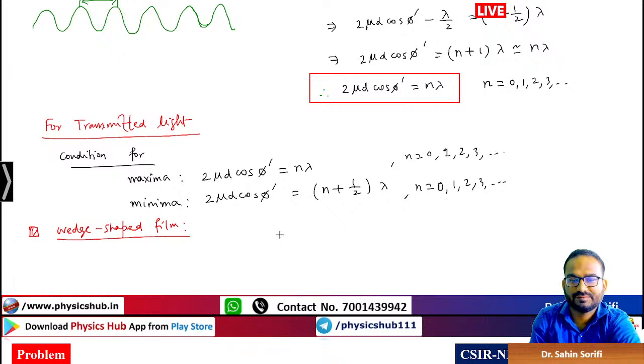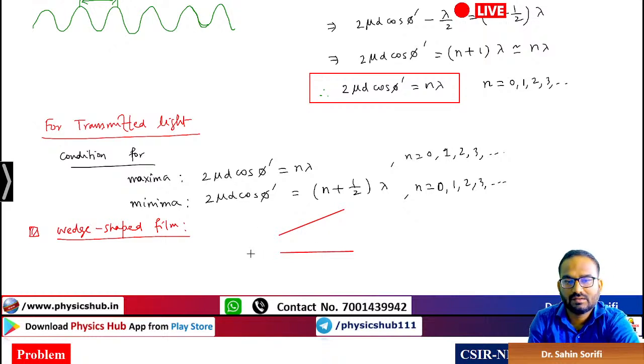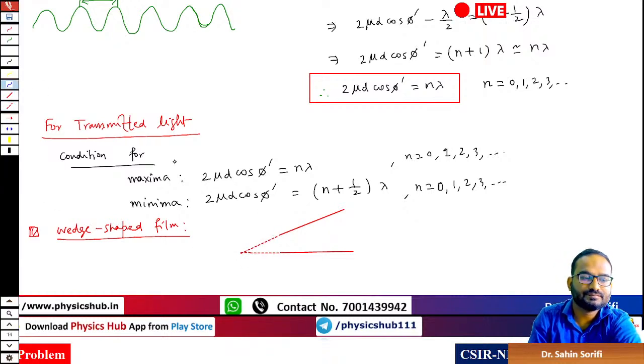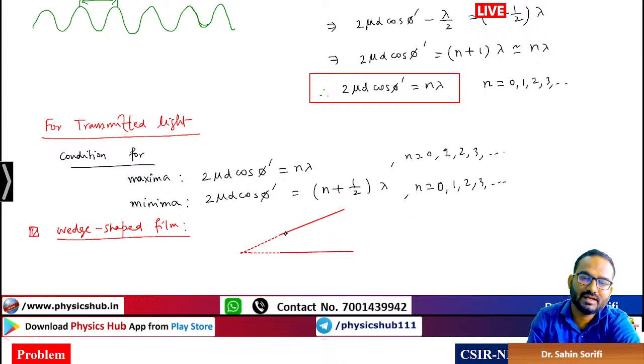Now, instead of parallel, we have a constant angle between these two surfaces, let's say theta, and it is again filled with film. So this is called a wedge shaped film.